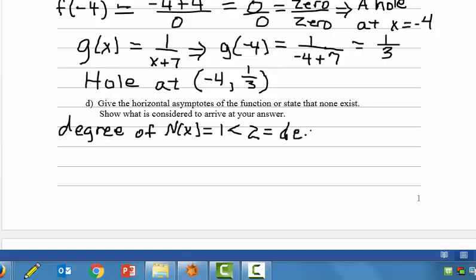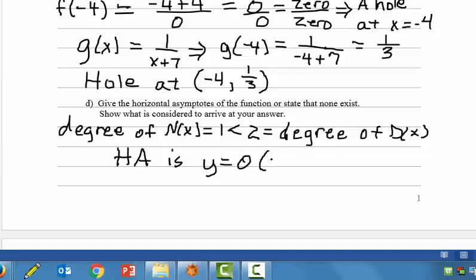So we compare the degree of the numerator to that of the denominator. And whenever the numerator degree is smaller than the denominator degree, the horizontal asymptote is y equals 0, better known as the x-axis.